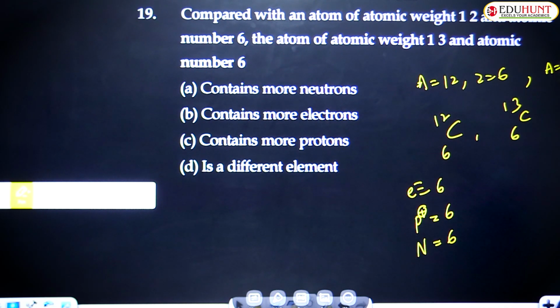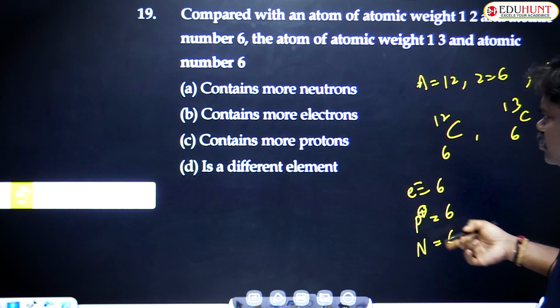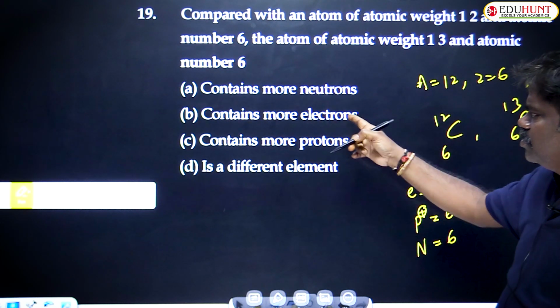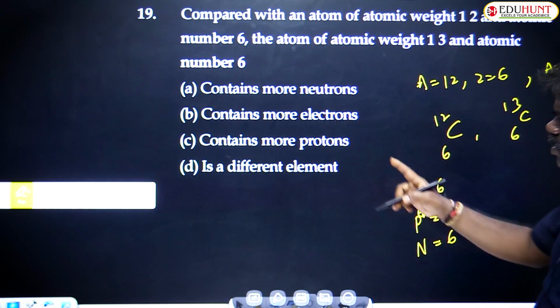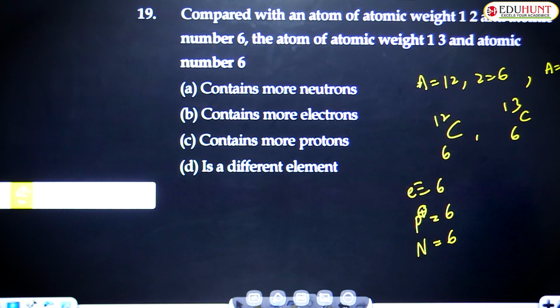Here all are equal. It is not a different element, because both are carbons.